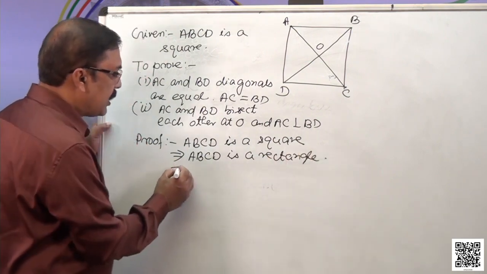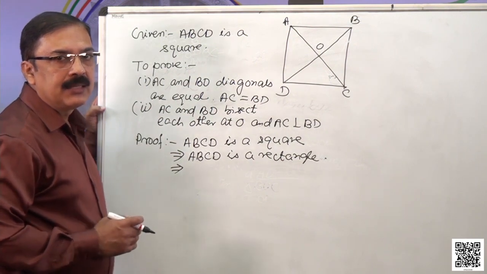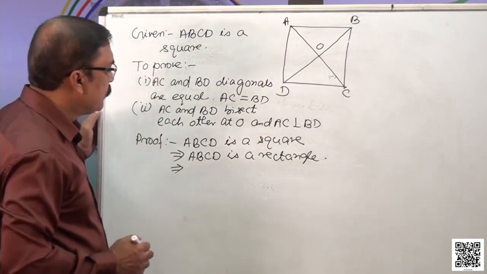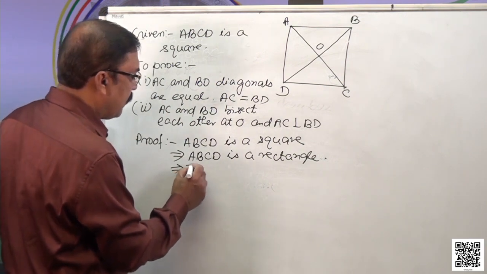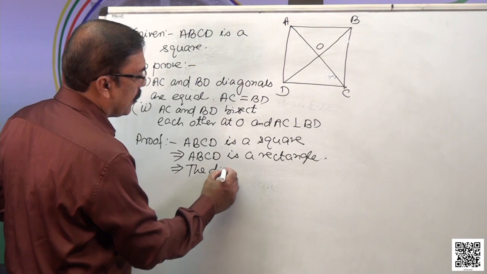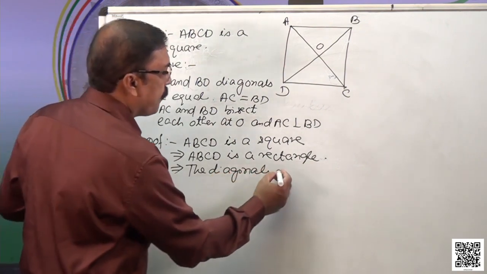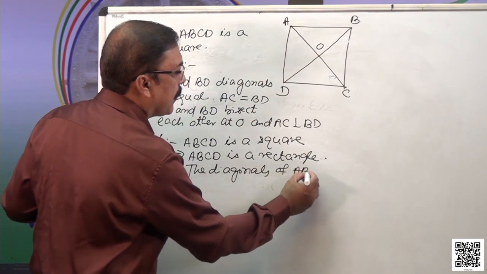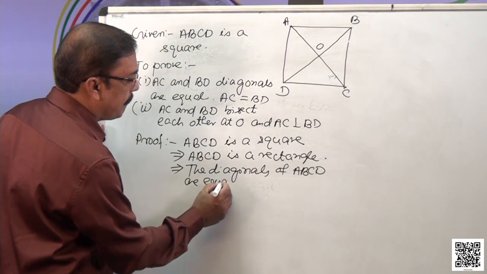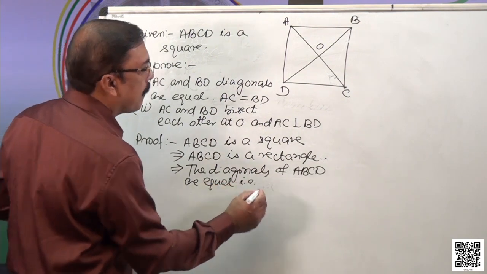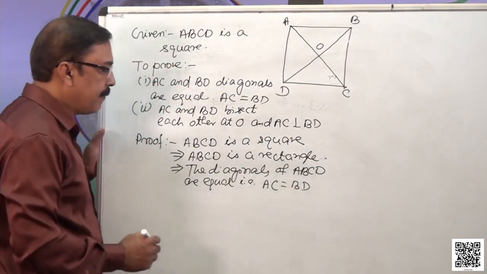As ABCD is a rectangle, we also know that in a rectangle the diagonals are equal. So the diagonals of ABCD are equal, that is AC is equal to BD.